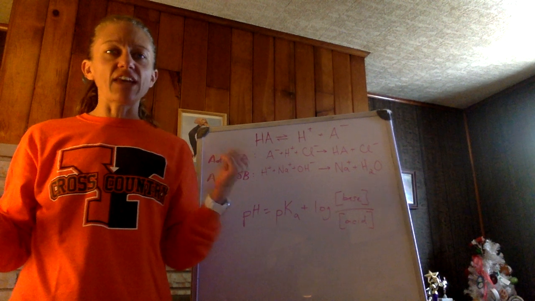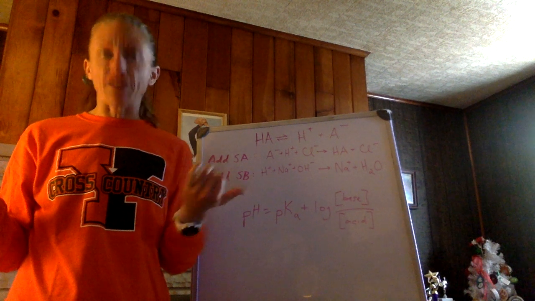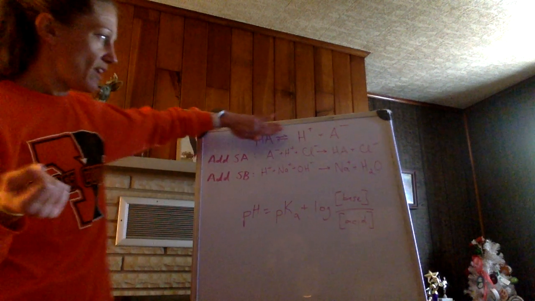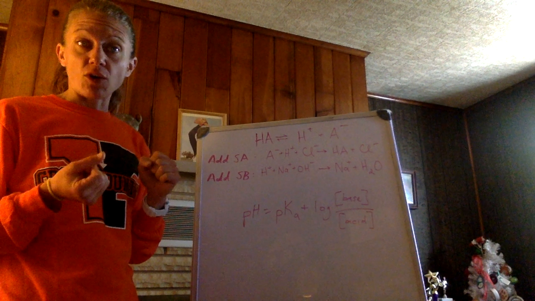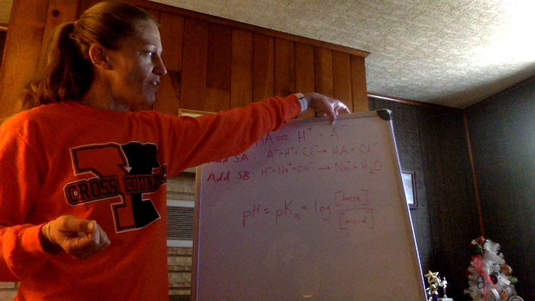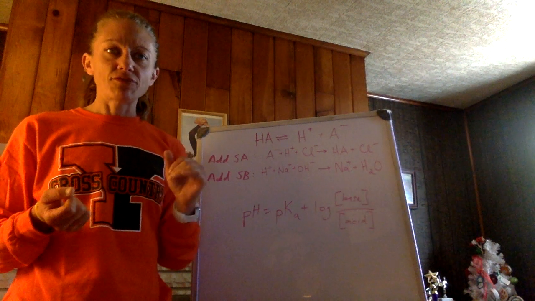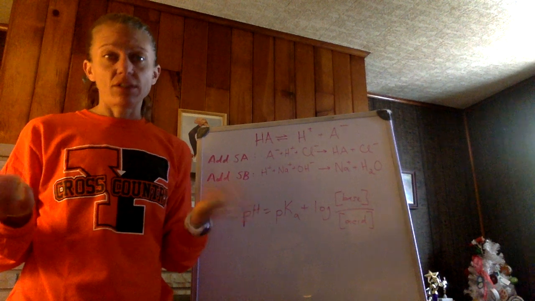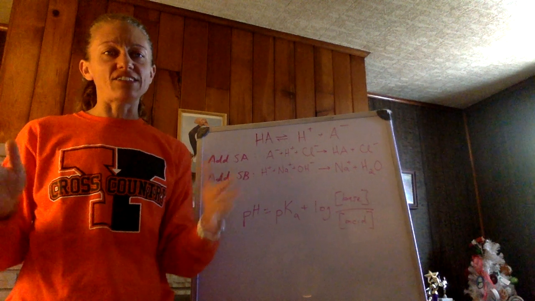If I want acetic acid to be my weak acid, what I need to combine it with is this side. My source of protons, which would be the acetic acid, and my source of its anion, which would be, take the H off, the acetate ion. So from acetic acid, take off the proton, it's the acetate ion.